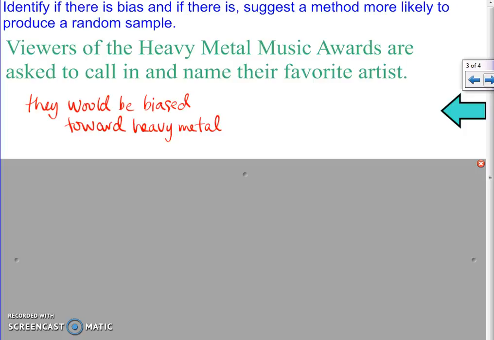Okay, so how could we get a better sample? How could we conduct a survey? Maybe ask people at a grocery store or something that's unrelated to music. Okay, so sample people, shopping at Target or something.